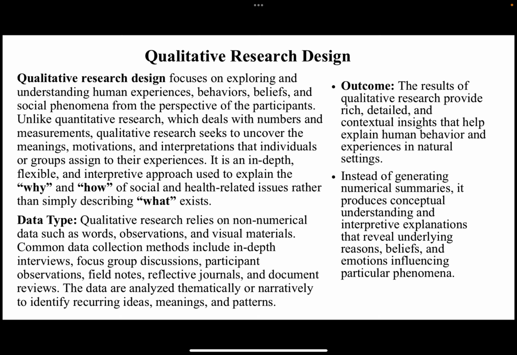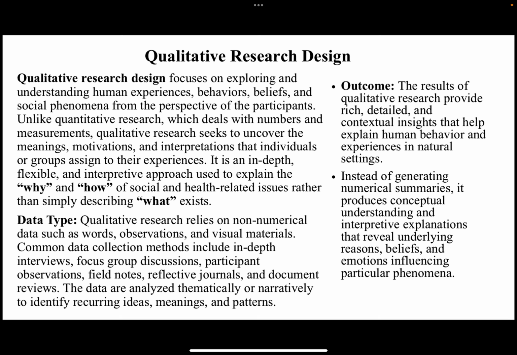Now, with regards to the data type, with qualitative research, it relies on non-numerical data. Qualitative research relies on non-numerical data, such as words, observations, or even visual materials.